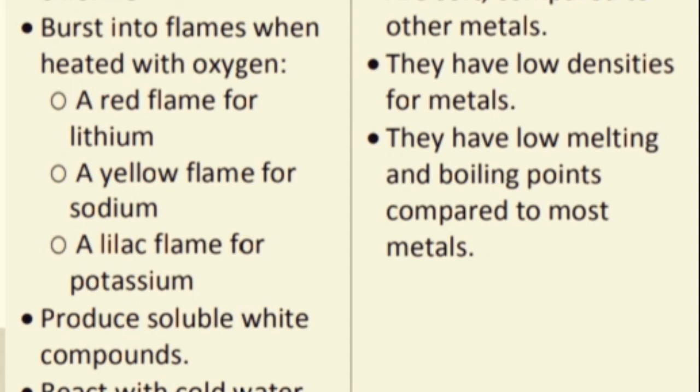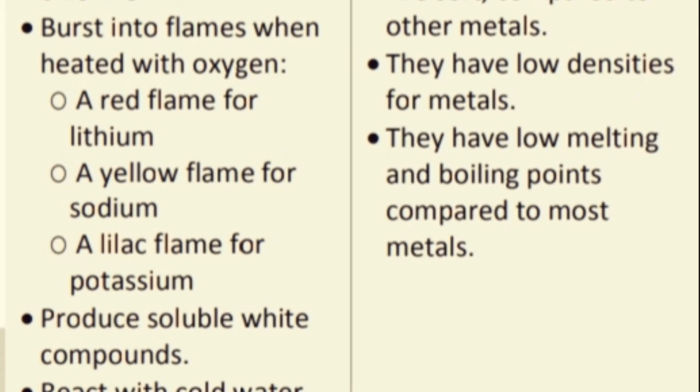Next, physical properties of group 1 elements. We know all of them are metals. That's why they are good conductors of heat and electricity. But compared to other metals, group 1 alkali metals are soft metals. They have low density.